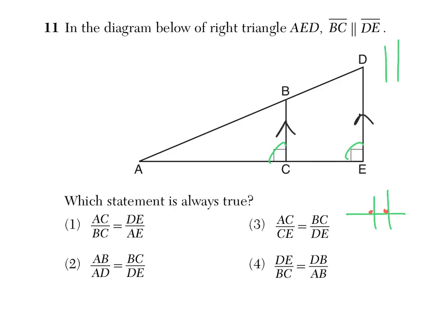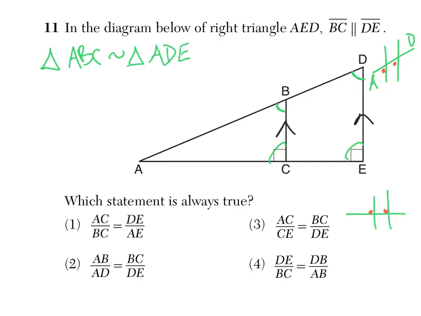Well, we've got that same set of parallel lines with the transversal cutting across from A to D, and that would indicate that this angle and this angle are corresponding, so that angle ABC and angle ADE are also congruent. We just established similarity, so we've got triangle ABC is similar to triangle ADE.